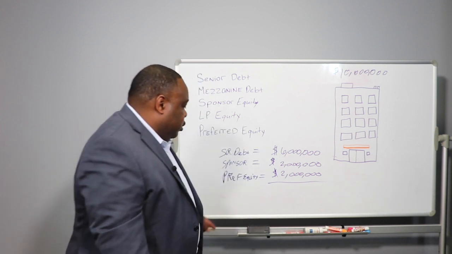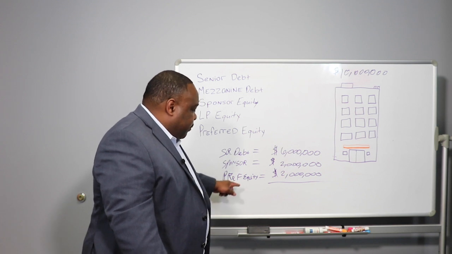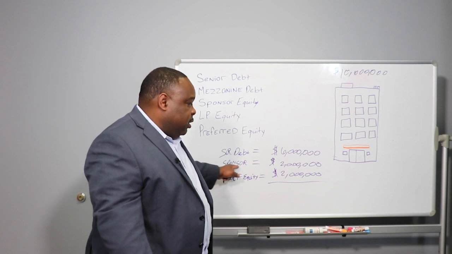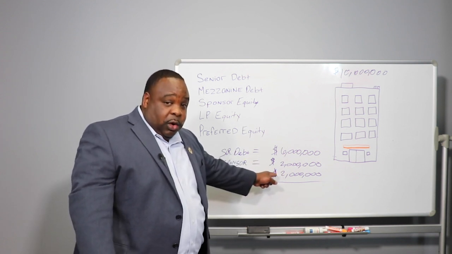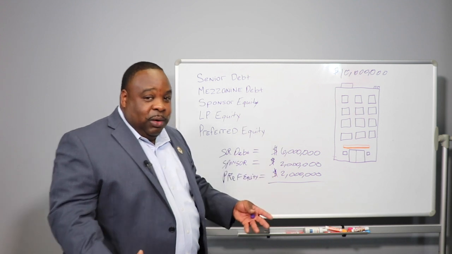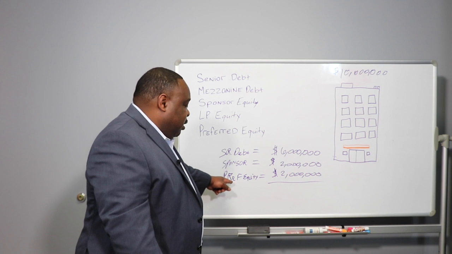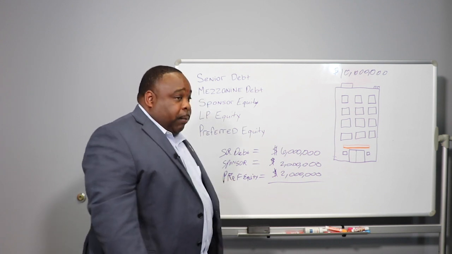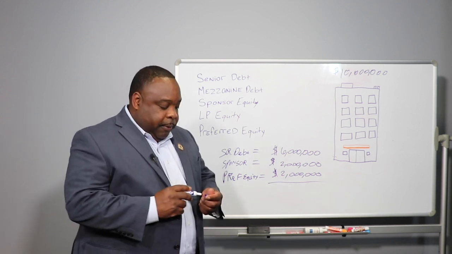The more money you're spending on debt and pref equity, that means the less money is actually going to the sponsors. And I would imagine the sponsors are investing their money into this transaction to get a return. So they're going to want to maximize their return on their investment. And paying their money out in the way of mezzanine debt or preferred equity could make this project unattractive.